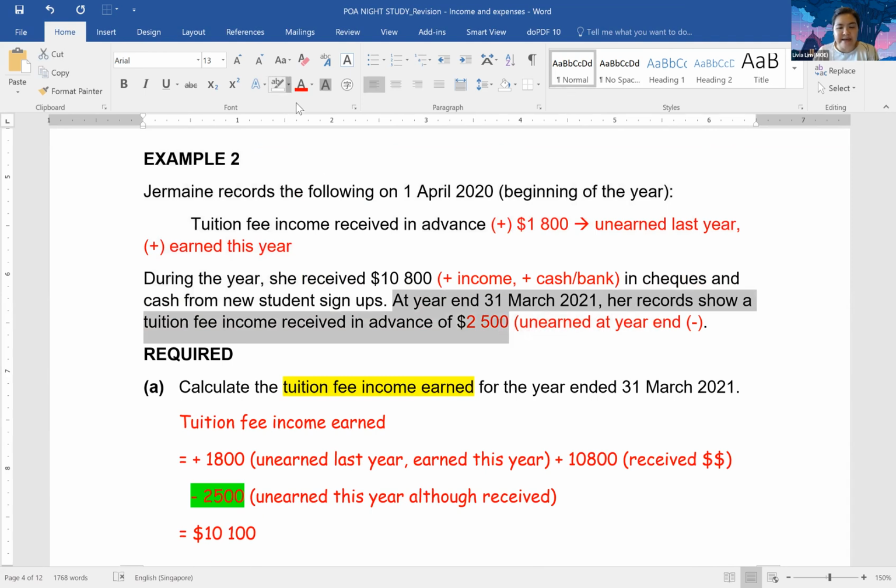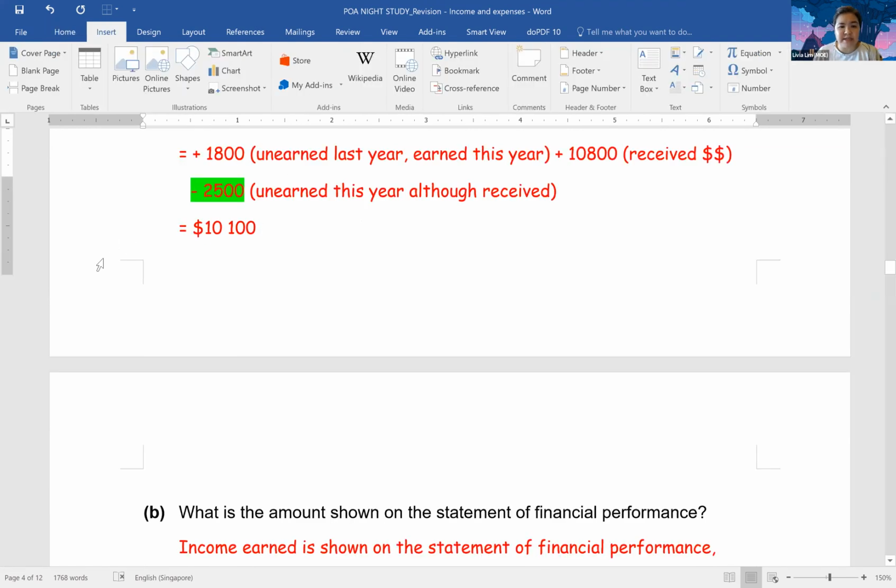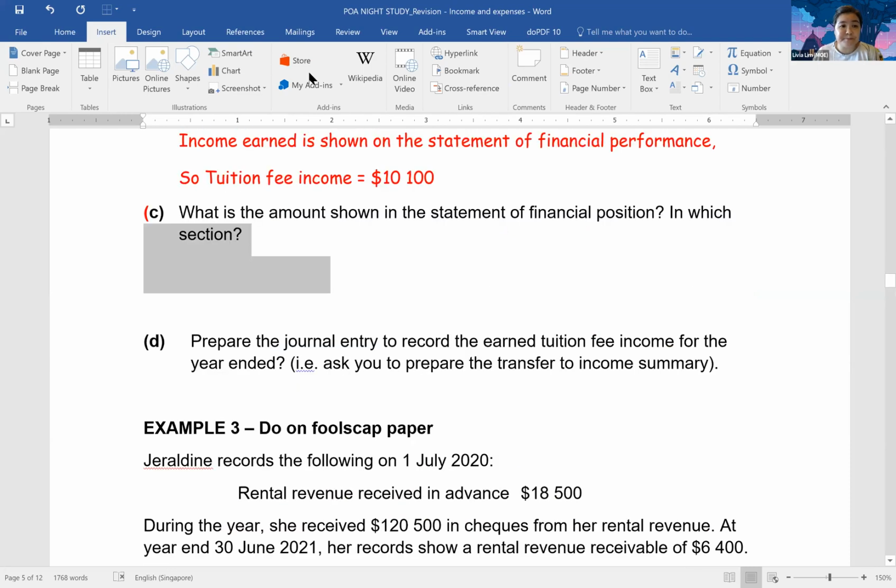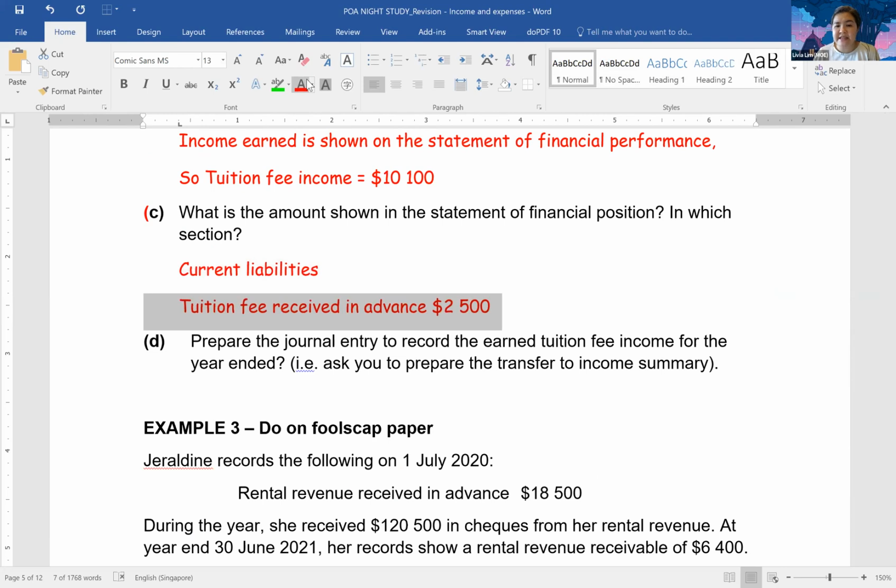At the year ended 31st March 2021, her records show a tuition fee income received in advance of $2,500. At the year end, this is the amount that's going to be shown in the statement of financial position. It's going to be shown in the current liability section, and you will see a tuition fee received in advance of $2,500. Why $2,500? Because this is the liability. You owe your tuition students the money that they paid you and you haven't earned it yet. All right.